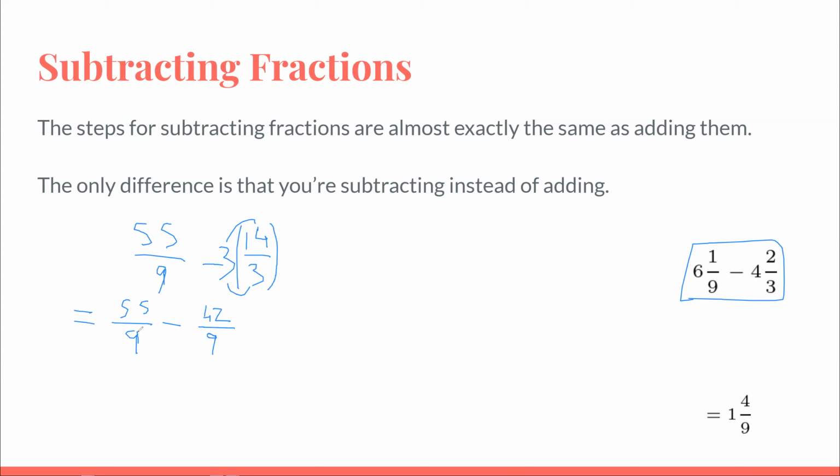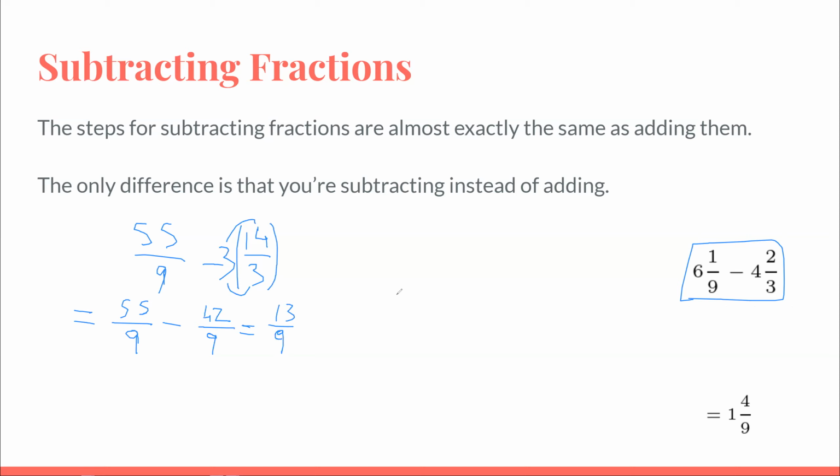Since you have same denominators, you can subtract the numerators. Now, just like addition, do not make the mistake of subtracting the denominators as well. So only subtract the numerators. So you would do 55 minus 42, which equals 13, and then keep the denominator the same.